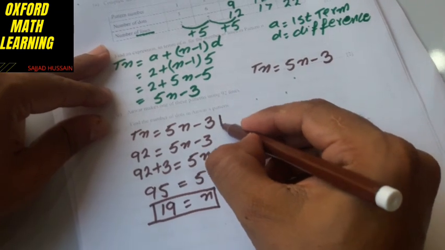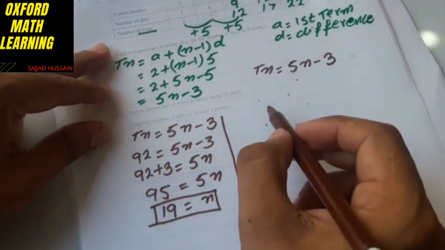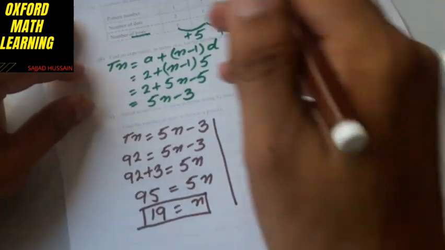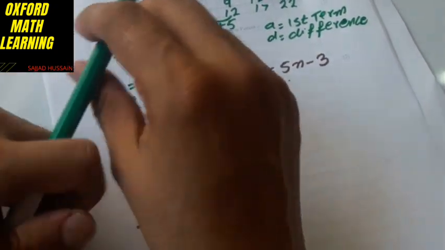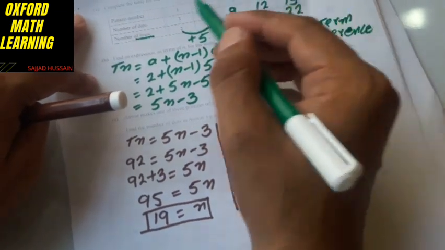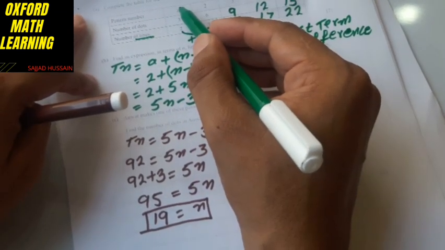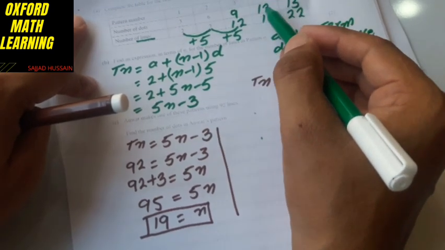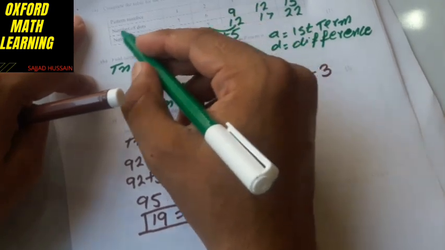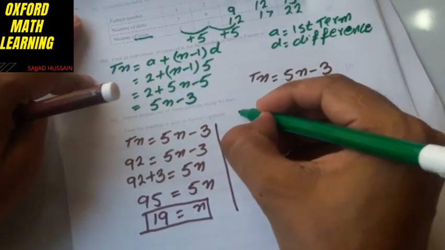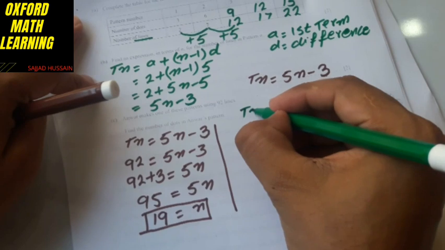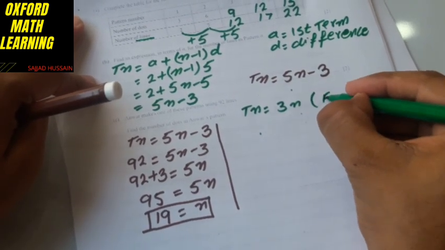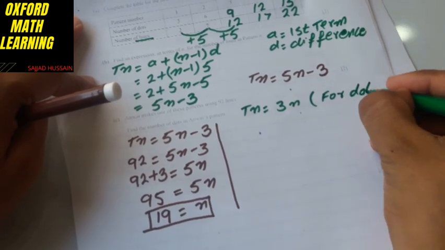But we have to find the number of dots. For dots, if you look at the pattern, it's 3, 6, 9, 12. If I multiply n by 3: 1 into 3 is 3, 2 into 3 is 6, 3 into 3 is 9, 4 into 3 is 12. It means the formula for dots is Tn equals 3n.